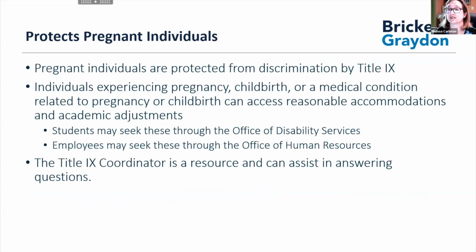So any individuals that are experiencing pregnancy, childbirth, or some medical condition related to pregnancy or childbirth can access reasonable accommodations and academic adjustments. Think of it as sort of like the process for getting disability services. I have a situation, it requires some assistance to continue to allow me to come to class or come to my job and do the things I need to do.